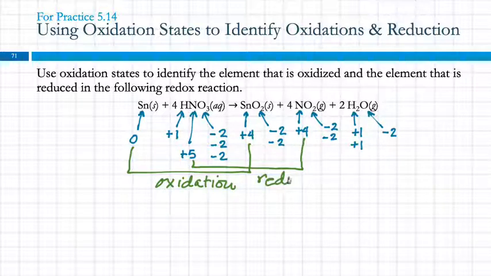It's being reduced. The oxidation state is being reduced. And then let's check out the rest of these. Here we have oxygen. It's -2. Over here, there's oxygens all over the place. Oxygen's -2, oxygen's -2, oxygen's -2. The oxygen didn't change. So if we have oxidation, we have to have reduction. If we have reduction, we have to have oxidation.